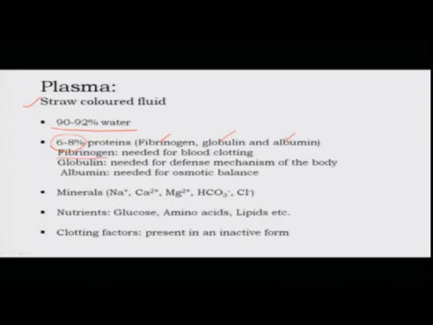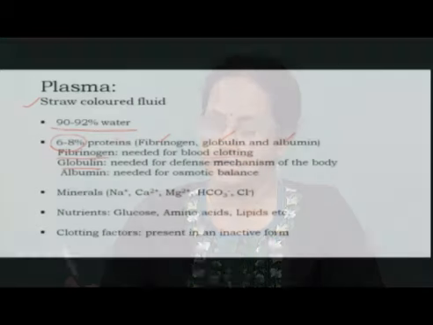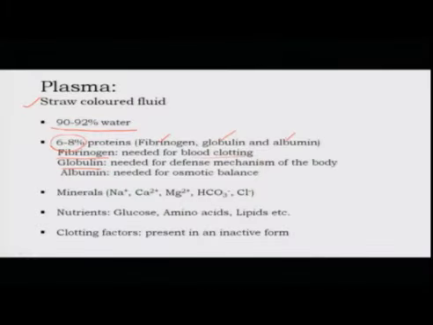Fibrinogen is needed for blood clotting. We will discuss this in the later part of this lecture today. Globulin is a very important component of certain molecules that you may have heard of, which are known as antibodies. Antibodies are a type of globulins called immunoglobulins. So, globulins are therefore needed for the defense mechanism of the body.